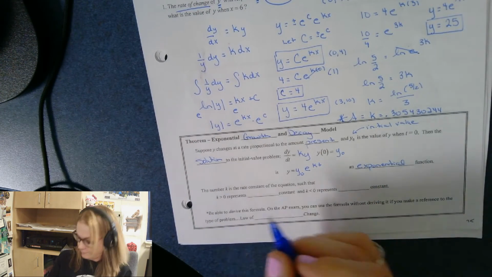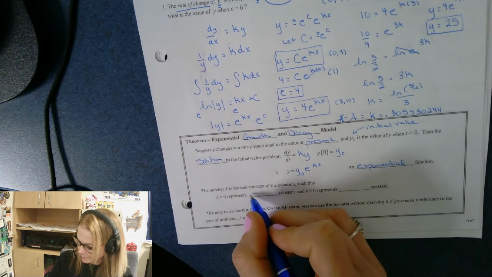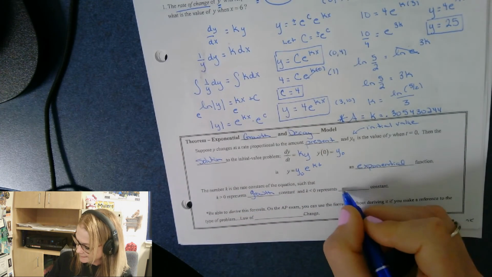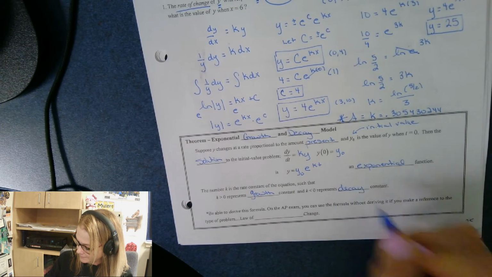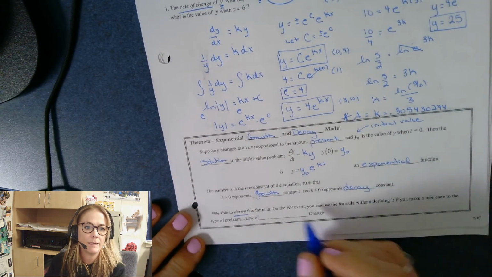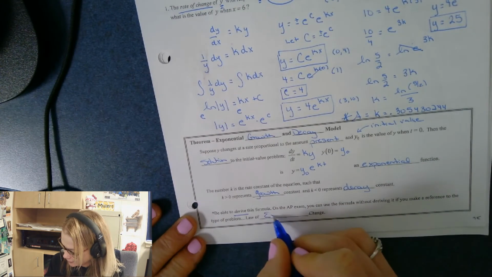So if k is greater than 0, this is going to be growth. And if it's less than 0, it's going to be decay. So be able to derive this formula, or on the AP exam, if you use it, be able to call this the law of exponential change.